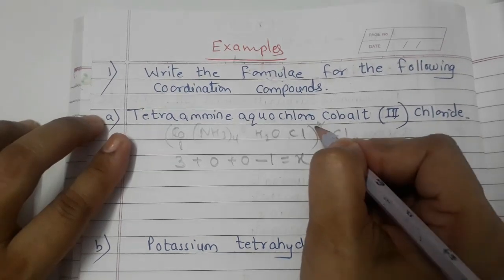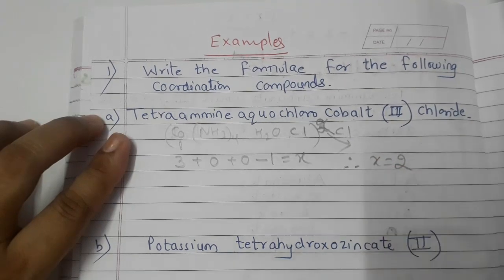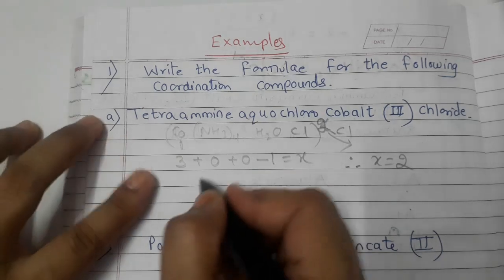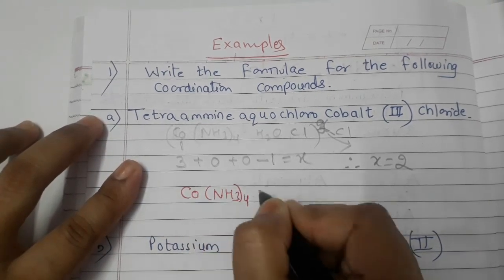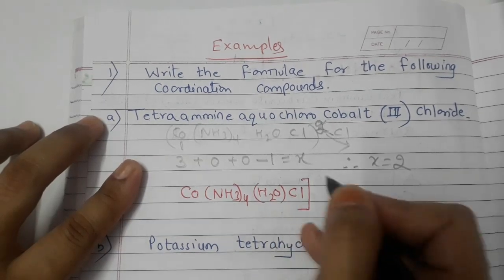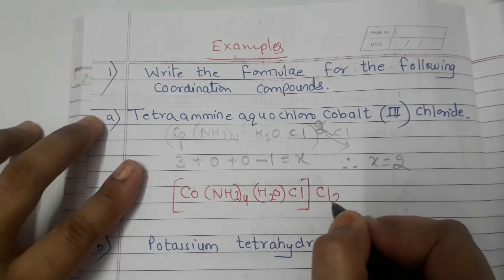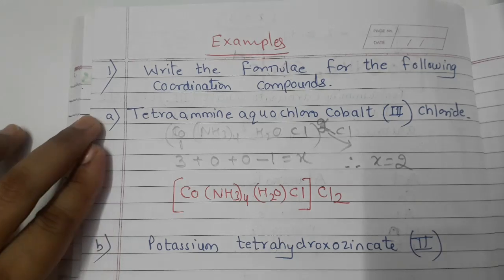Okay, so it means if here 2 is there, this 2 will come down, and if this happens, then I will come across the structure which is [Co(NH3)4 H2O Cl]Cl2. Okay, and this 2 will come down, means Cl2. Okay, so this is the structure.